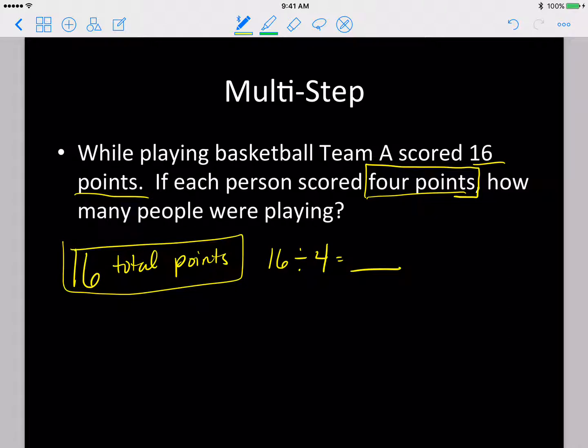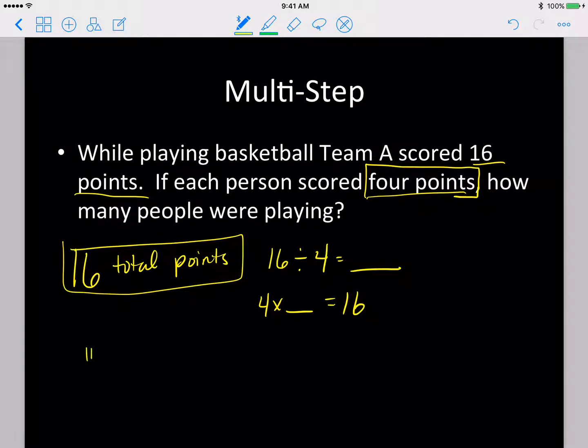So what I'm going to do to solve this one, I'm going to make groups of 4 points and see how many groups of 4, to represent players, it takes to get to 16. So really what we're trying to figure out is 4 times what equals 16, okay?